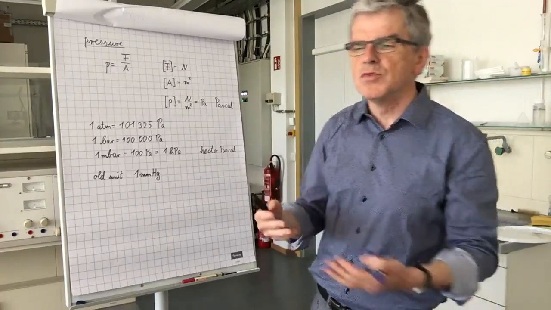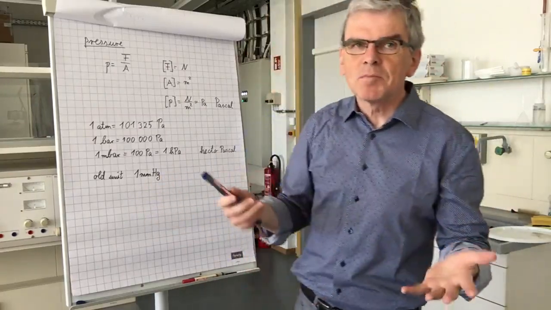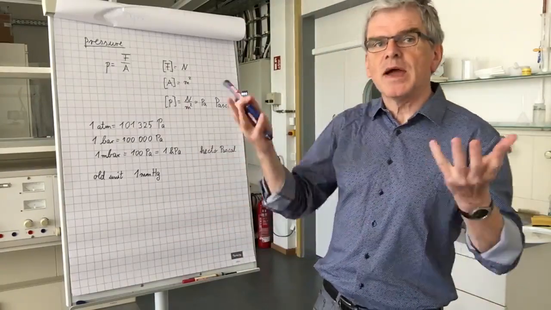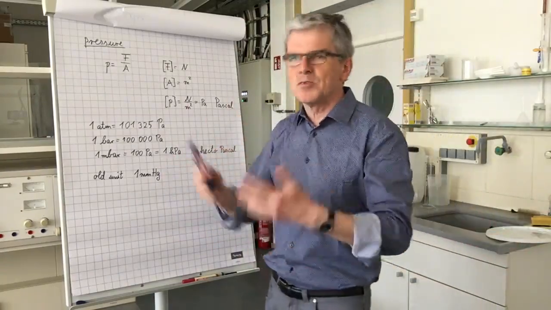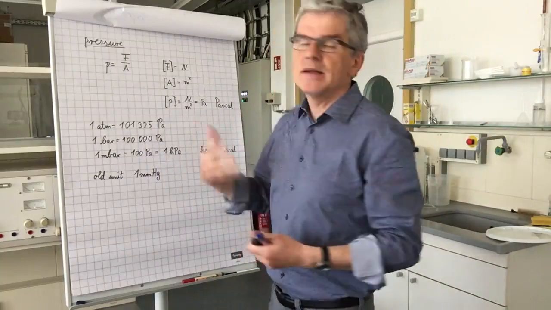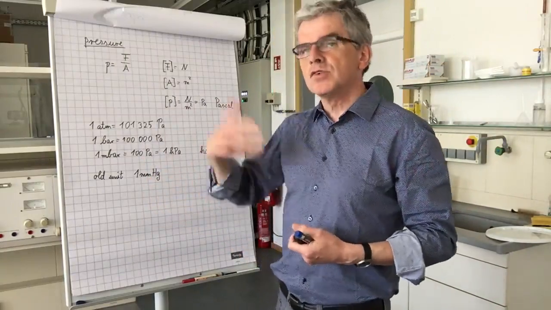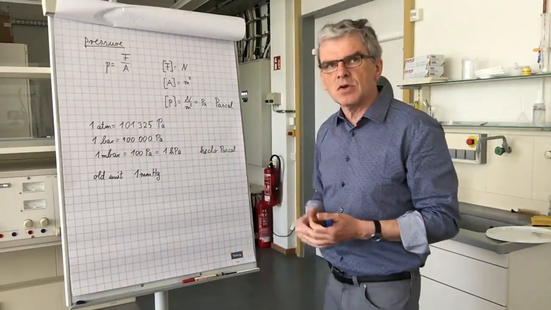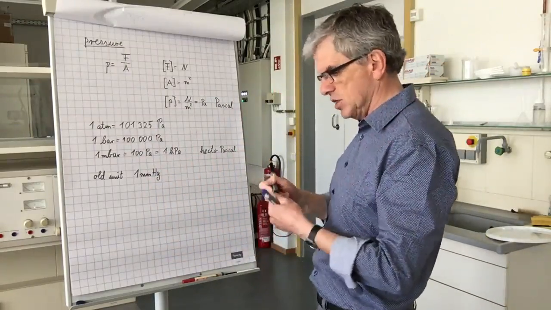And then if you are lucky, and if you have good blood pressure, then it says you have a blood pressure of 120 to 80, and so that's wonderful. And that means really the systolic blood pressure is 120 millimeters Hg, the diastolic blood pressure is 80 millimeters Hg.